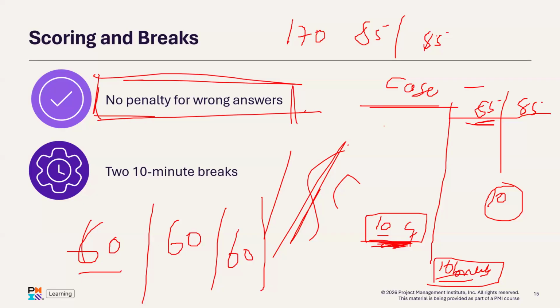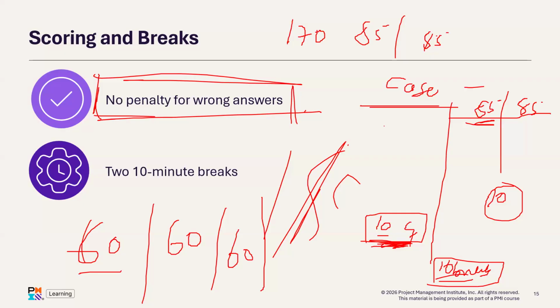The break is actually optional. If you want to skip it, you can. But we advise that at least you take some break, because sitting down for 4 hours, reading long statements, worded questions, can be overwhelming. So we advise that you take the break, but you will be prompted for the first 10-minute break.